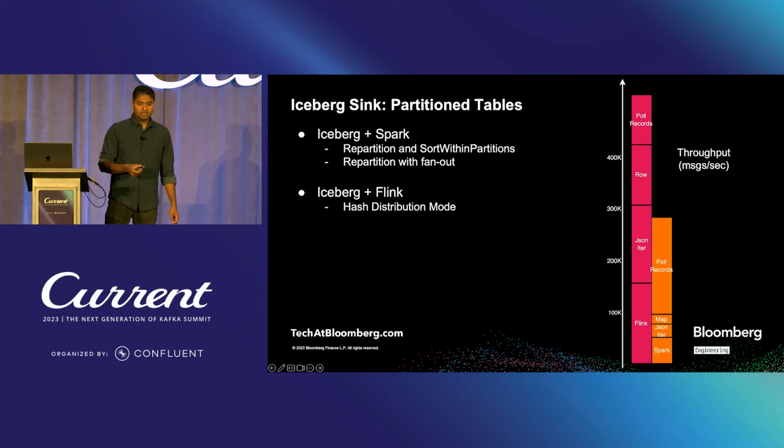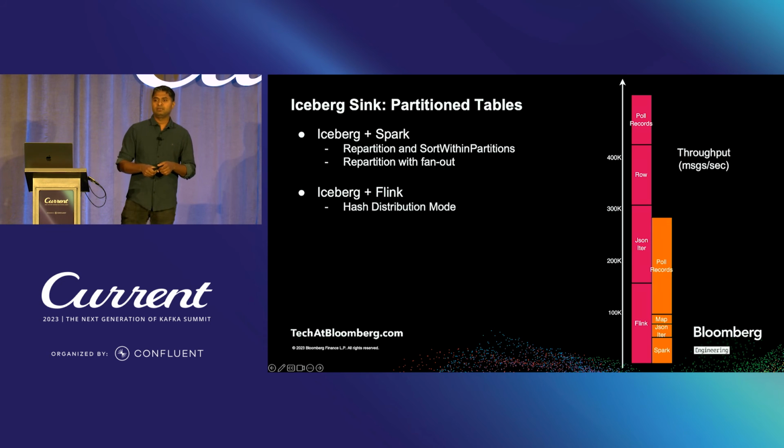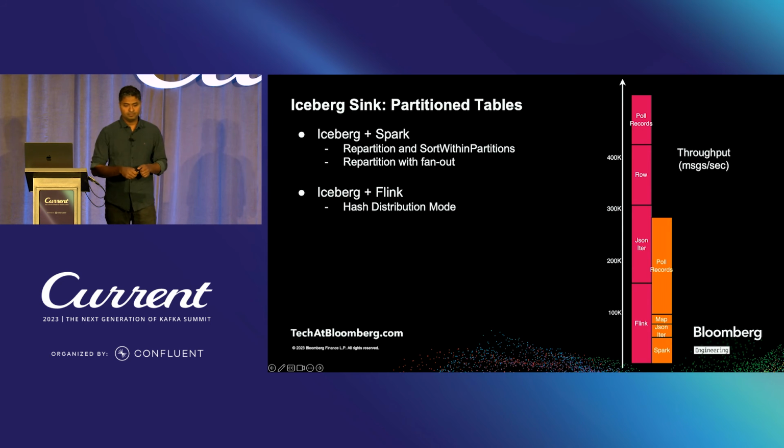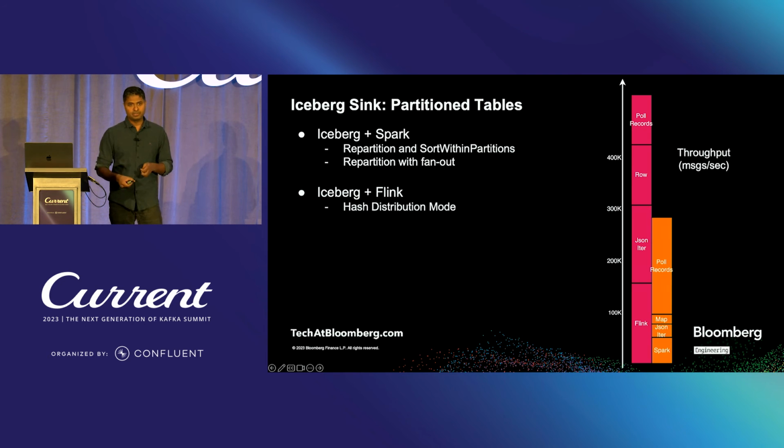Iceberg Spark provides a repartition method where you can provide a custom partitioner that shuffles records for you before writing to the files. With a multi-partition Iceberg table, the Iceberg documentation recommends using a repartition followed by a sort within partition operation. However, for our use case, we found that the sort operation is very expensive, uses a lot of compute and memory, and could also cause disk spills if not enough memory is available.